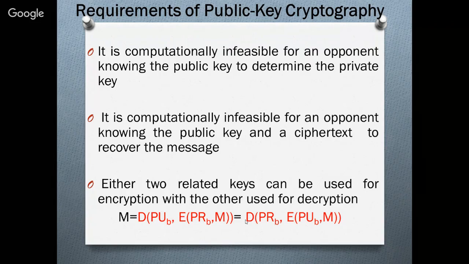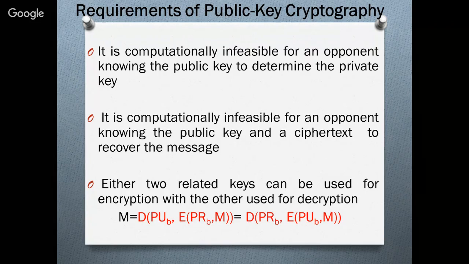And the sixth requirement, which is an additional part of it, is that either of two related keys can be used for encryption, with the other used for decryption. So here they say that I can consider any one for encryption and the other for decryption.